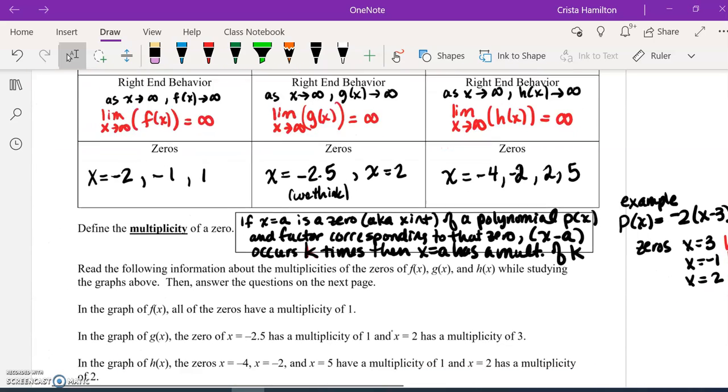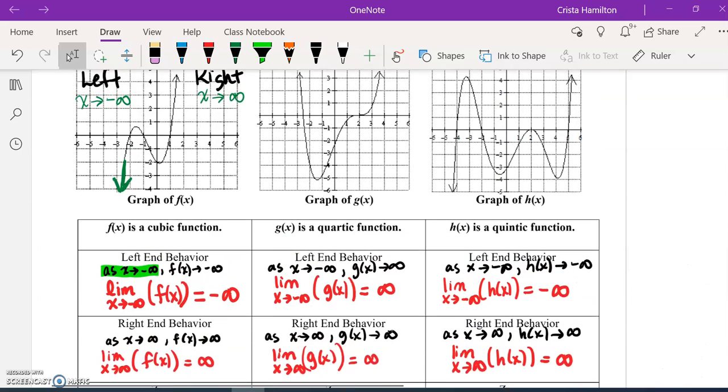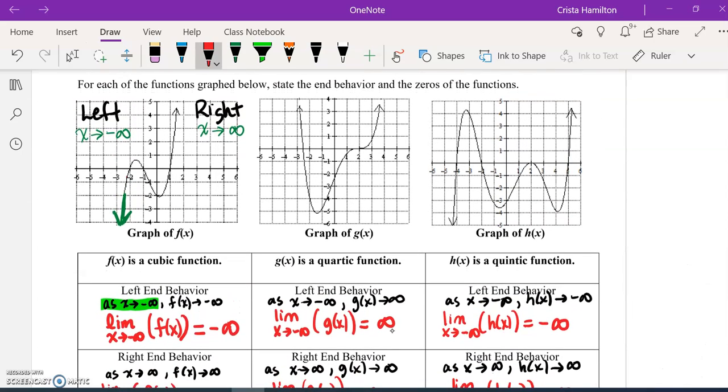All right, now we have some information below that we want to talk about with the polynomials. Notice that in the graph of f of x, I am telling you that all of the zeros have a multiplicity of 1, so they occur exactly once. Now we're looking at what the graph is doing at the zero each time it occurs once. It's here, here, and here. For f of x, they all occur with multiplicity of 1.